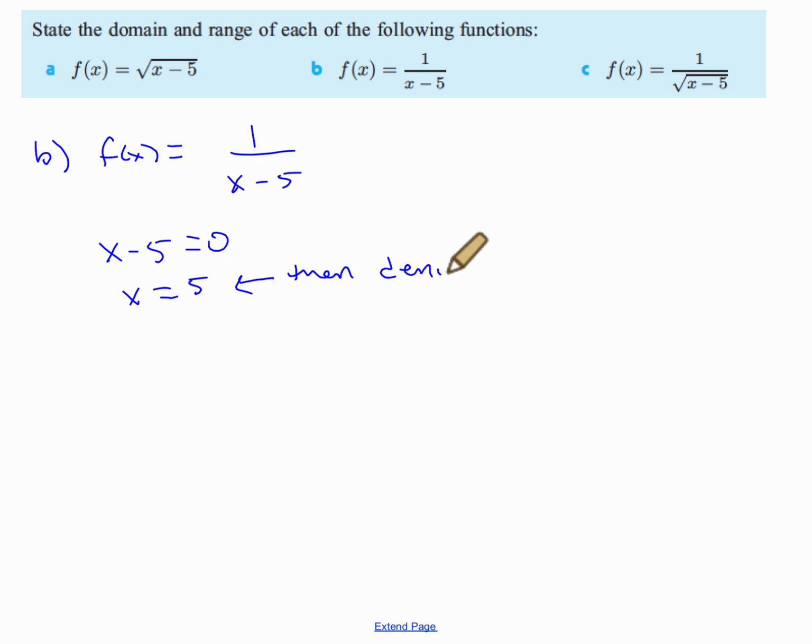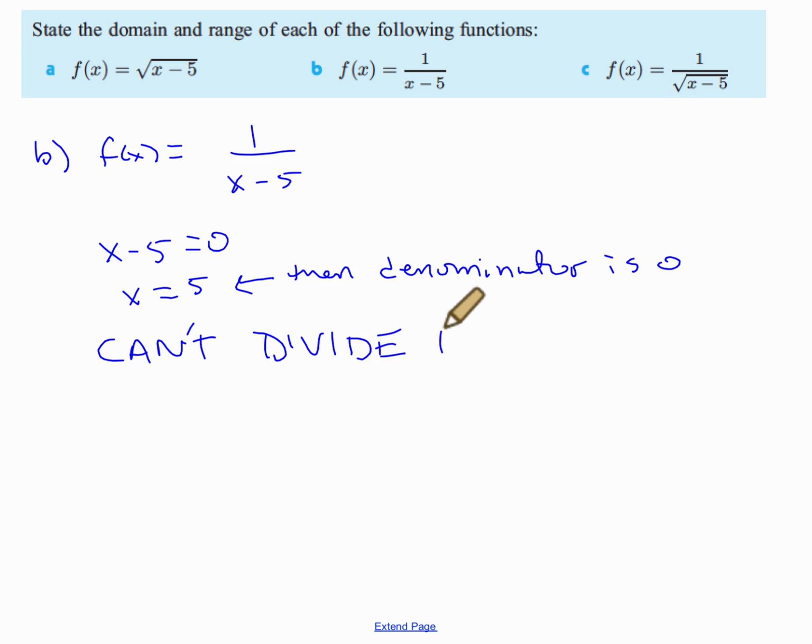So what that is saying is when x equals 5, the denominator is 0, and we can't divide by 0. Can't do it. So therefore, x cannot equal 5. That's the only restriction on the domain.